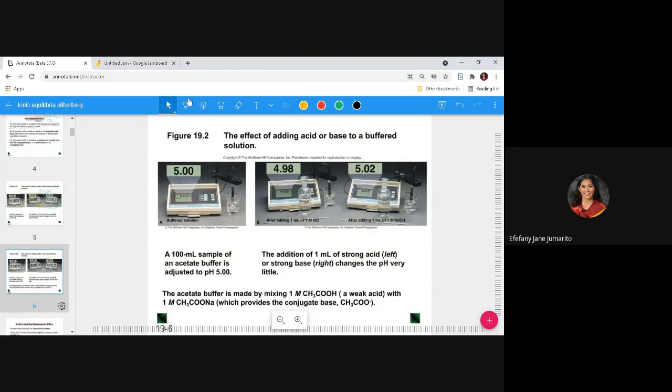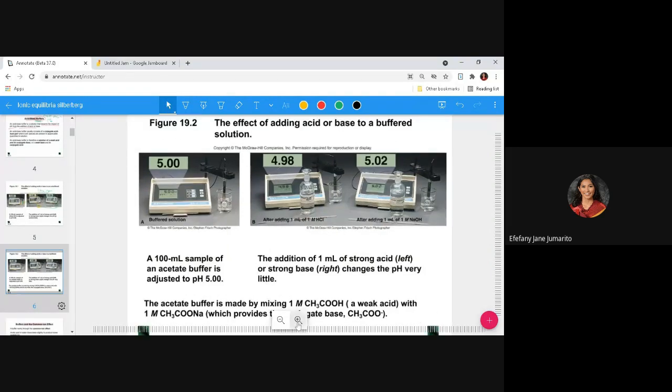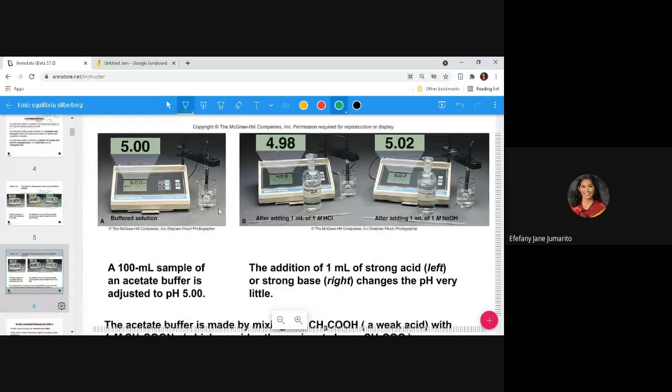But if we have this solution, this solution is buffered. Okay, buffered. And then when you add HCl to it, what happened to the pH?